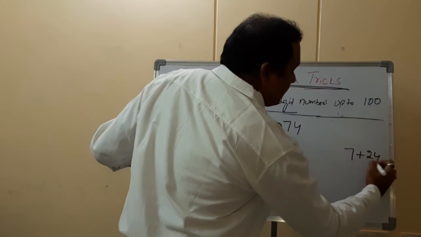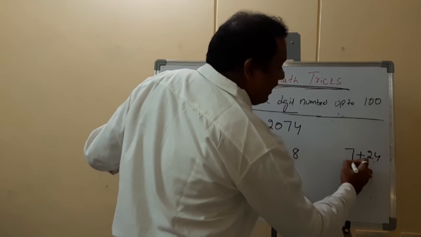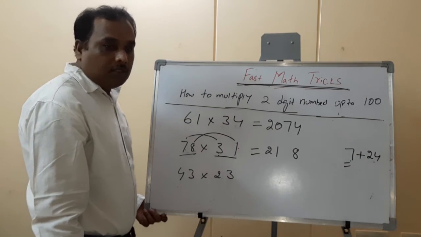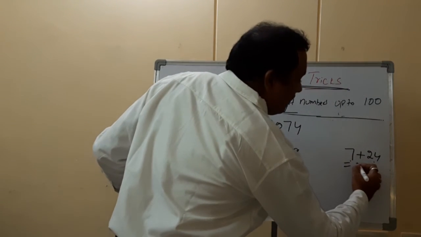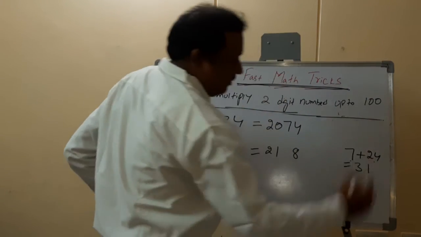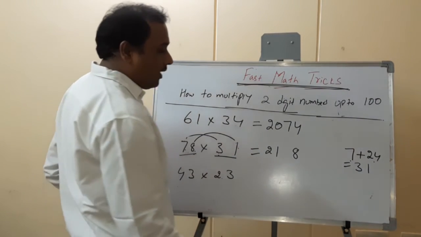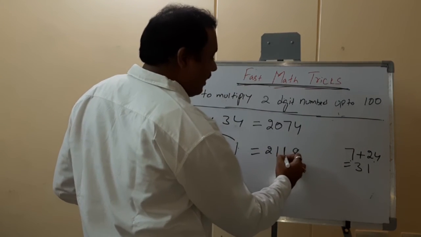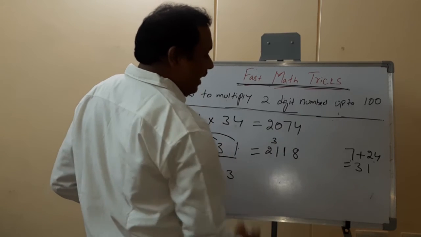So add it. So 24 plus 7. So what we are going to get? 24 plus 7. So we are going to get 31. Right? So 31 we are getting. So what we are trying to do? 1 we are going to write it here and 3 we have to add it here.